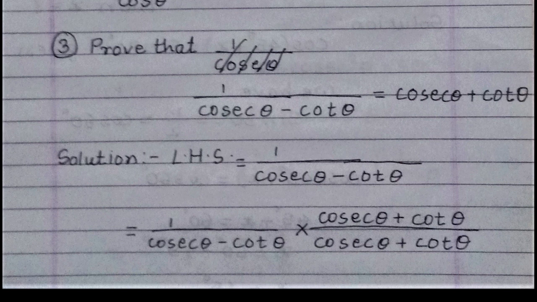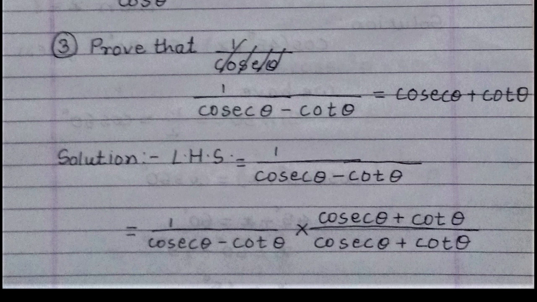So 1 upon cosec theta minus cot theta into cosec theta plus cot theta upon cosec theta plus cot theta. See here how we change the sign. Now the numerator is as it is, that is cosec theta plus cot theta, but in the new denominator we have plus and minus.